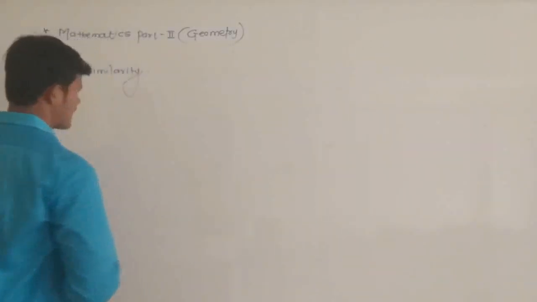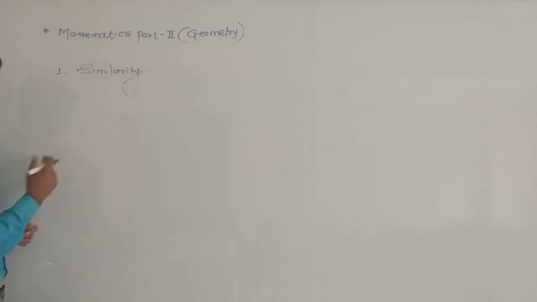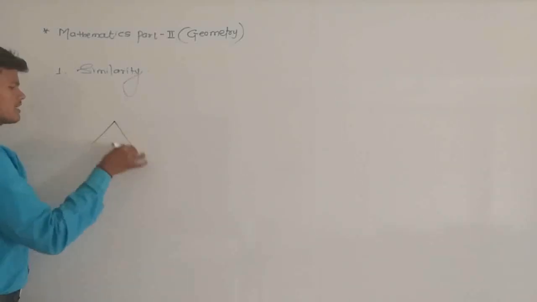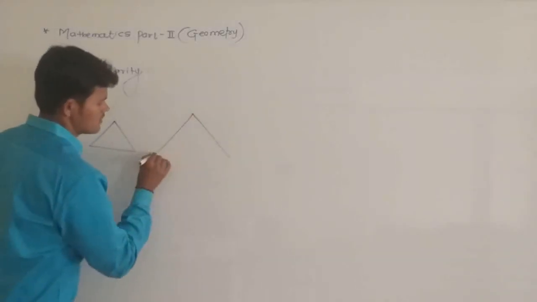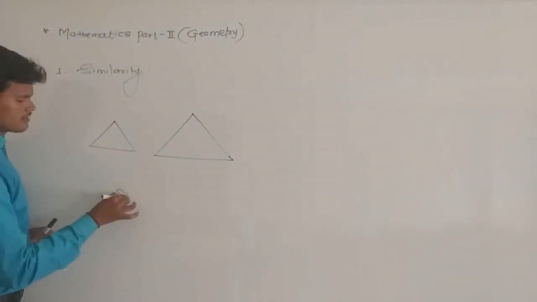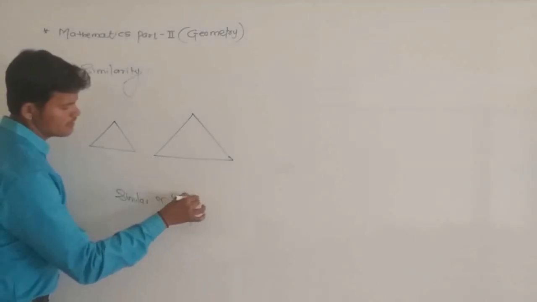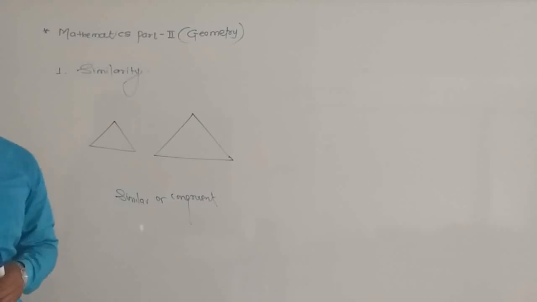So similarity means sarkhepana. So when two figures are similar, for example, these are the two triangles. So whether the given two triangles are similar or congruent. So how to decide two figures or two triangles are similar or congruent?